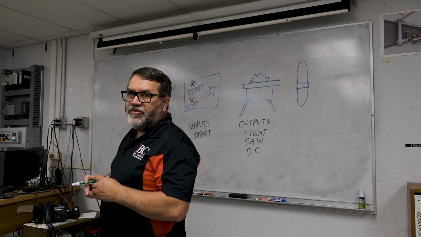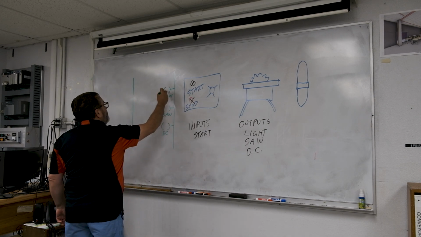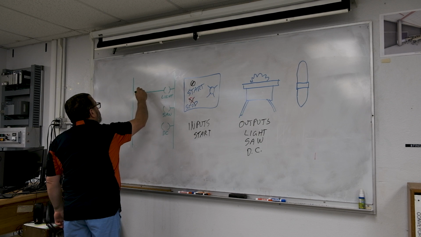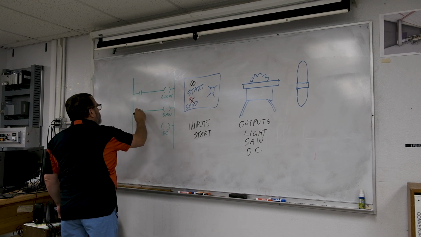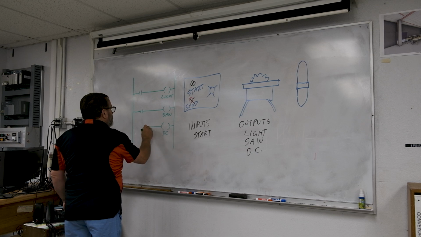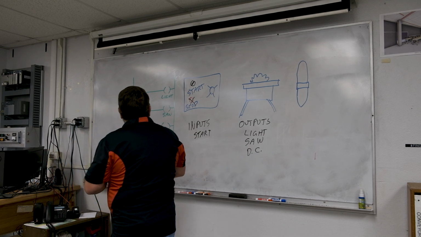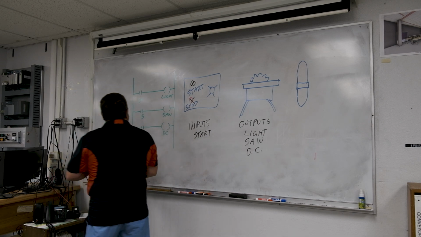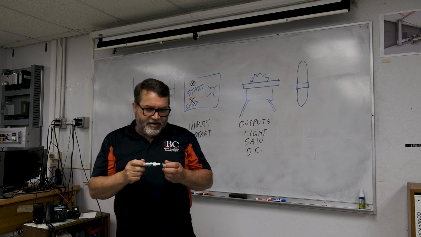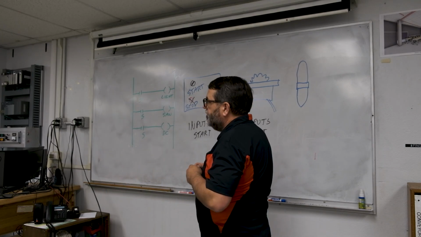And I'm going to use my switch as an input to turn each one of those on and off. So there's my switch 3 times, and there's my 3 outputs.